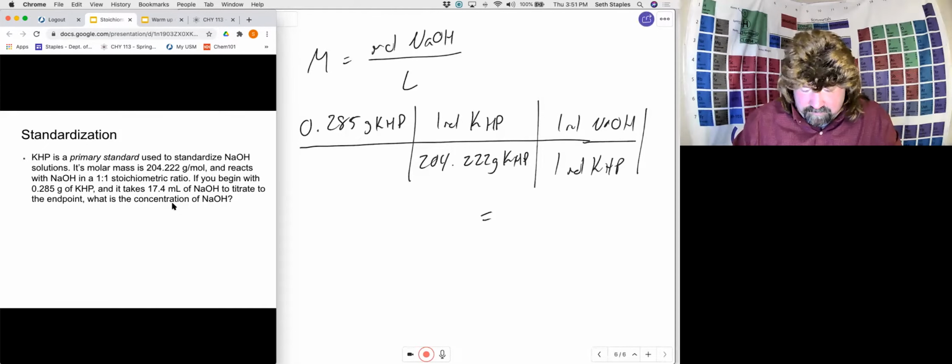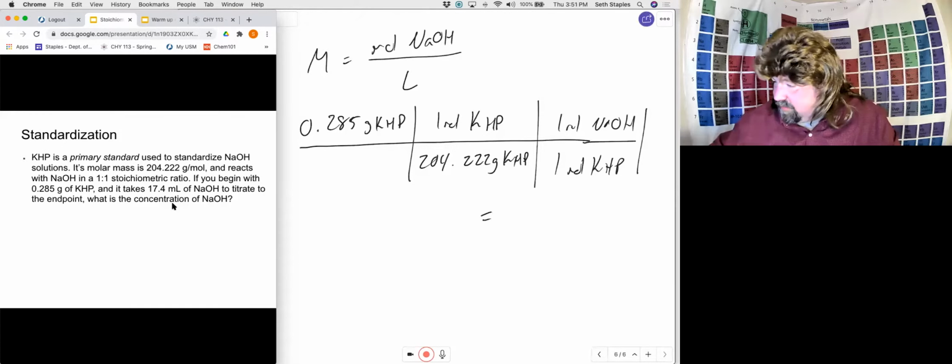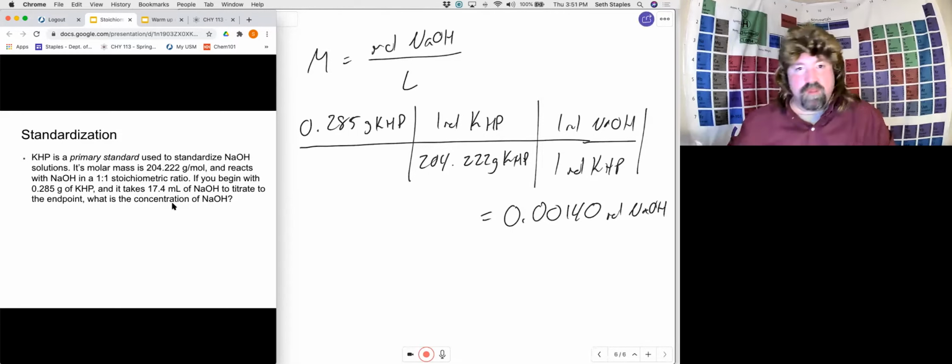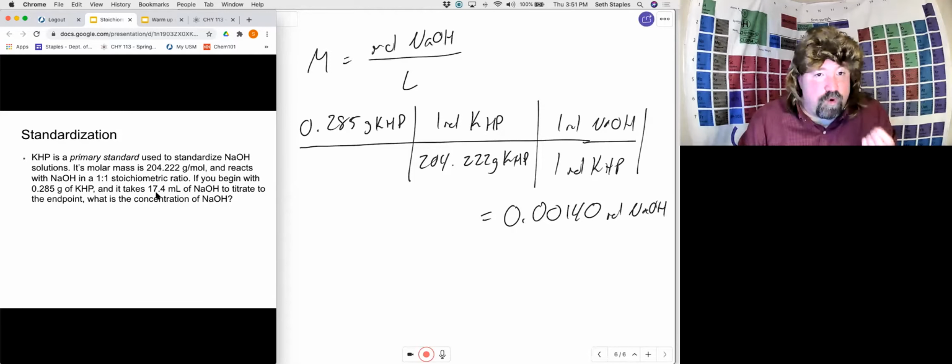And that tells me, so 0.285 divided by 204.222, that tells me that at that endpoint, I had 0.00140 moles of NaOH. So that 17.4 milliliters contained 0.00140 moles of the NaOH.